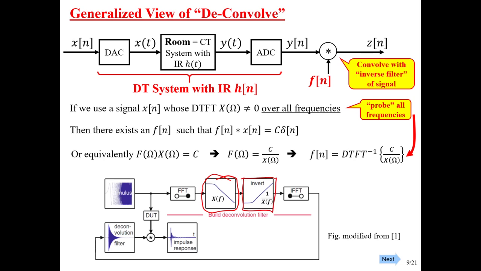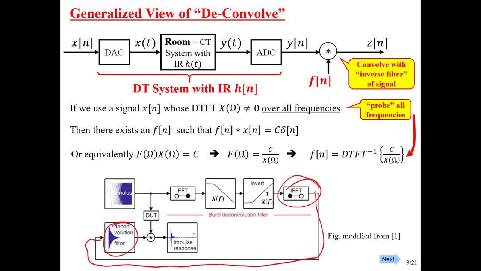So that's kind of what they've done. But mathematically, that is literally what we do. So you could do that, and then you compute an inverse FFT and you get your signal. It's going to end up perhaps looking something like that. And you run this into the device under test, convolve it with your deconvolution filter, and the thing that comes out will be your impulse response.